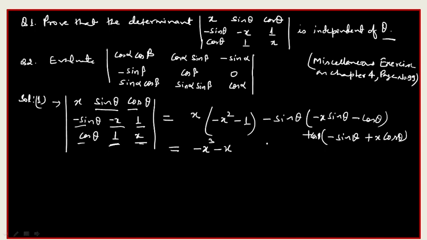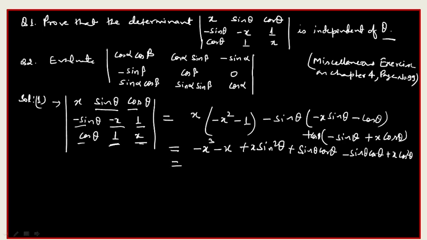Minus into minus gives plus x sine square theta, and minus into minus is also plus, giving sine theta cos theta. Then cos theta into minus sine theta becomes minus sine theta cos theta, and plus x cos square theta.